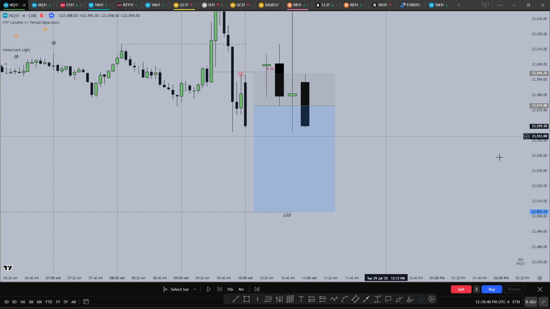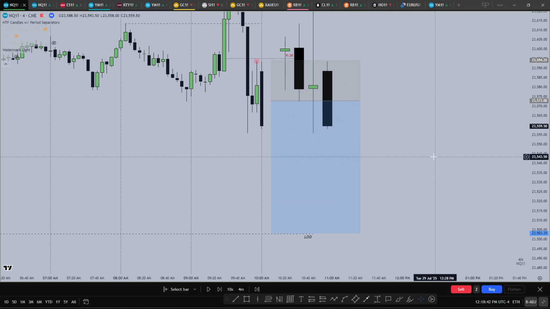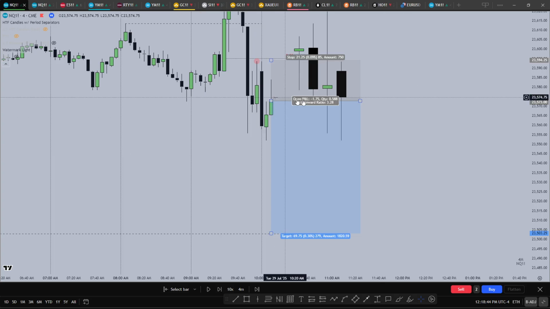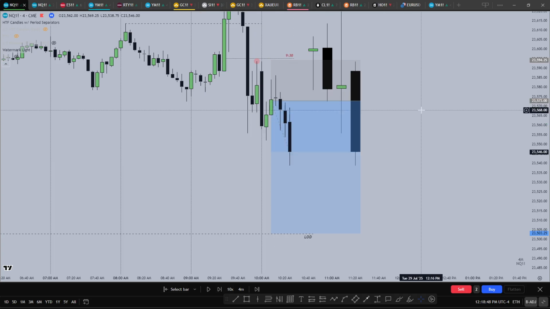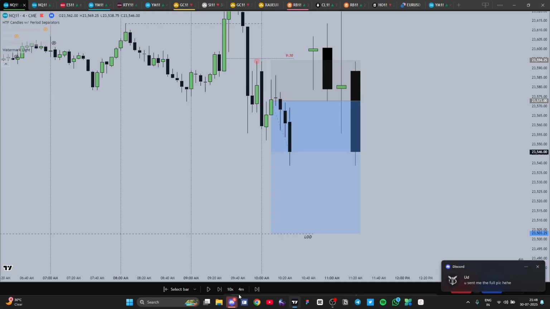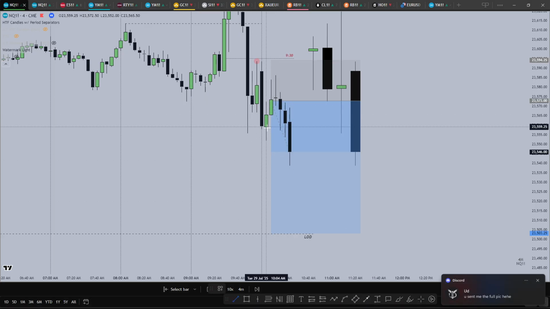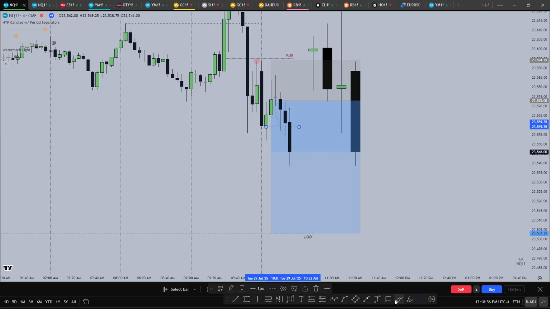This was my position, so I get tagged there, and then I'm just simply waiting. So it expands away, immediately forms another series of opposing candles, clean closure through. This is what I mean by convictional closure: not forming a series of opposing candles, then this, not immediately displacing through.